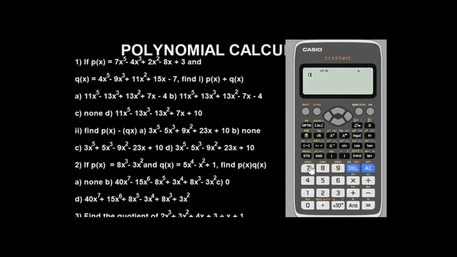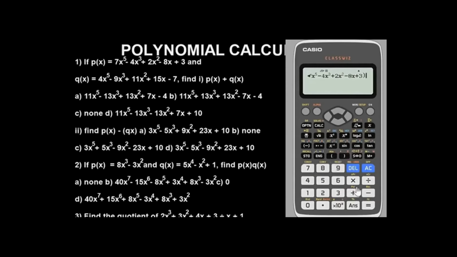So we have 7x, quickly guys. 7, alpha x for x to come out. Then the power is raised to power 5, minus 4, alpha x, raised to power 3, plus, I will try to be a bit fast with this guys so that we'll finish on time, 8x, plus 3.